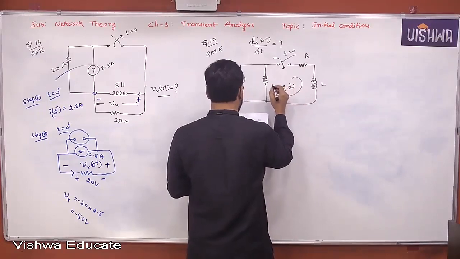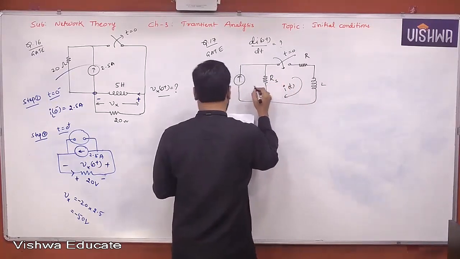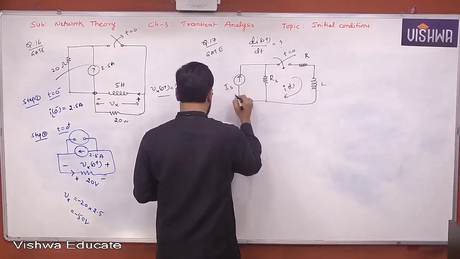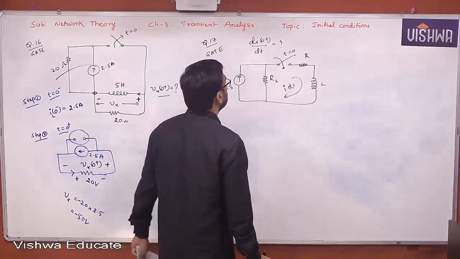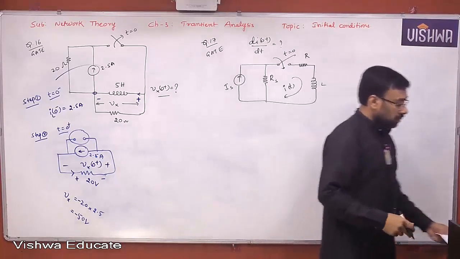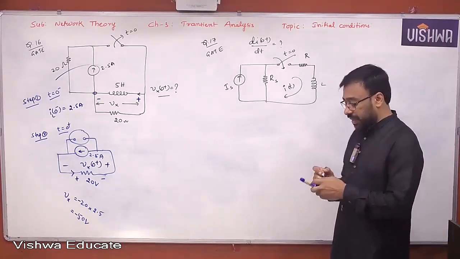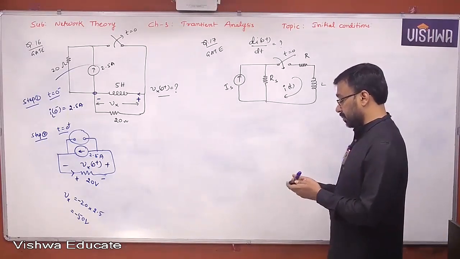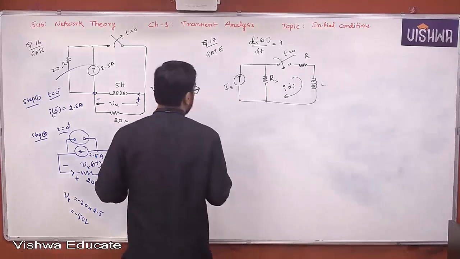This is Rs, this is Is. So four options are given. di of 0 plus by dt.